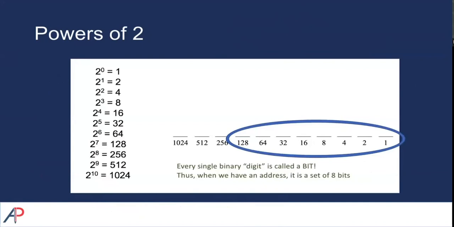Binary is in terms of 2 digits, 0 and 1. What we can use to convert, specifically binary to decimal, is this. Use this for binary to decimal.